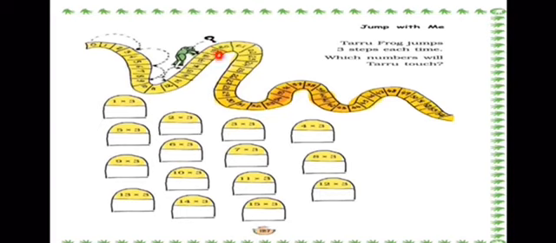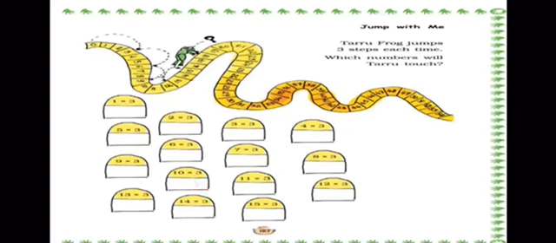Then again he jumps 3 steps, so he reaches 21. So 7 3s are 21. Then again 3 steps he jumps to 24. So again 3 8s are 24. Then after 24 again 3 steps he jumped to 27. So 3 9s are 27. And then 3 10s are 30.